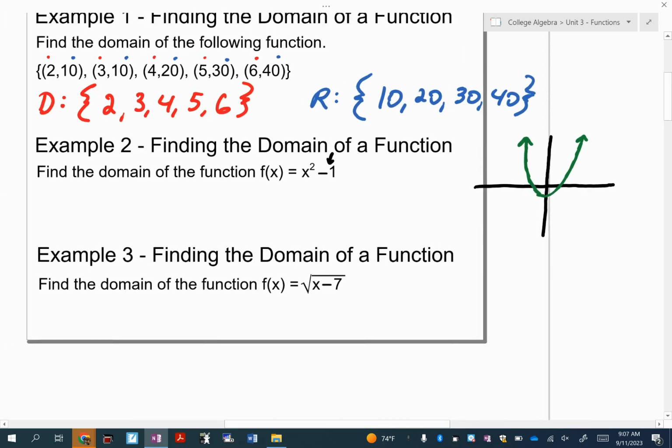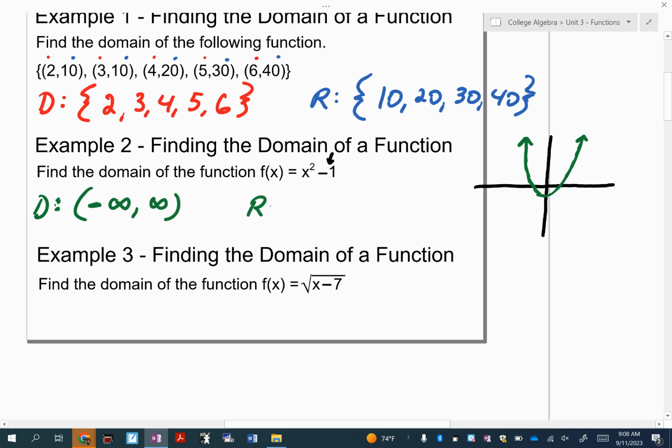And if you look, you should notice that for the domain values, as you go from left to right, you can have any value for x and it'd be fine, right? You can plug in any number and square it and then subtract 1. So the domain is actually all real numbers, which you can write out, or how we're going to do it is called interval notation, where I write -infinity to +infinity. That's how I'm going to write down all real numbers.